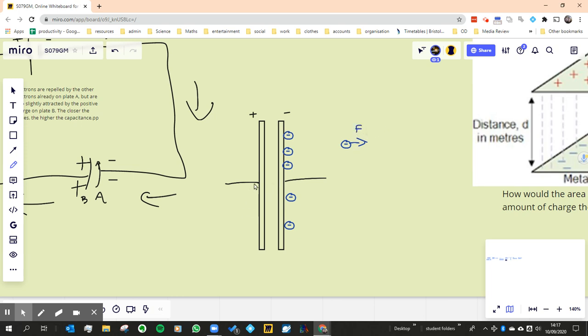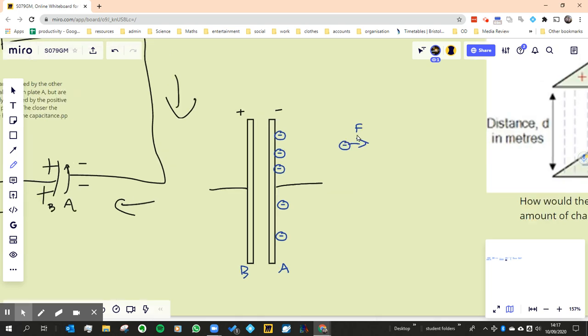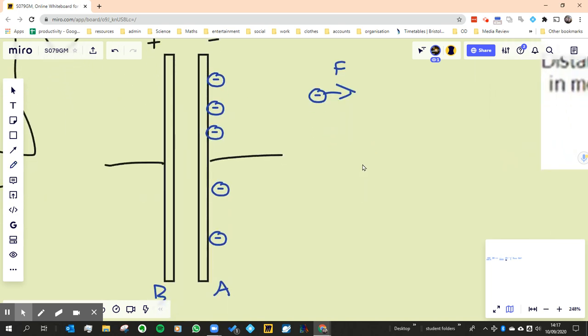But of course, on the other side, that would be my plate A. But on plate B, there's a lack of electrons because we've removed them, and because of this positive charge, we can use a little subscript there. Because of that repulsion force, we can say that's the force of plate A. Maybe we could use a different color as well.